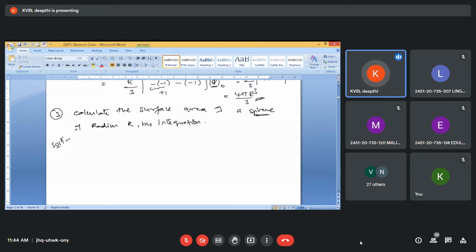Differential area formula, and how do you write ds?